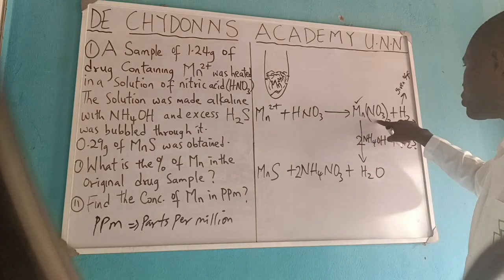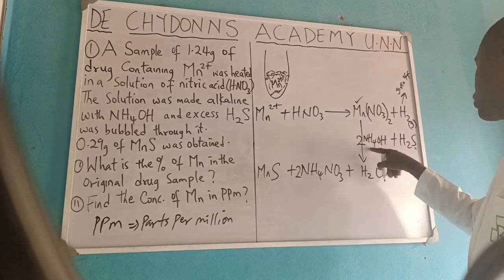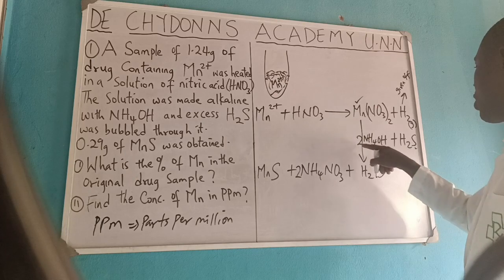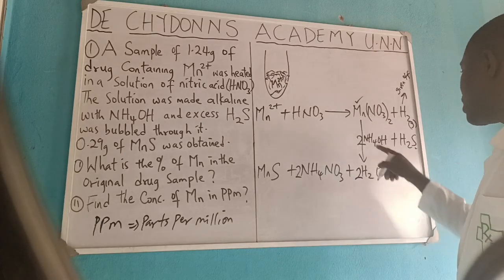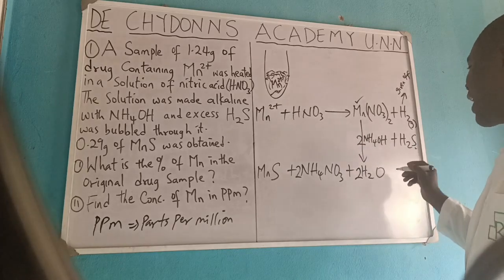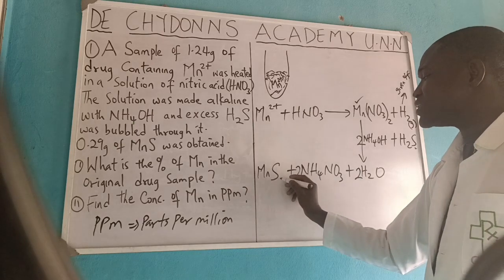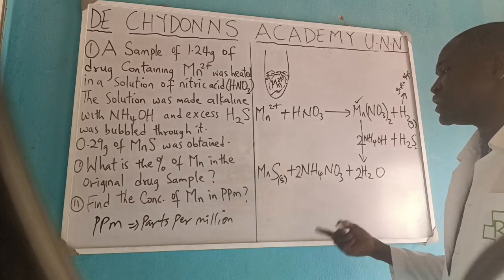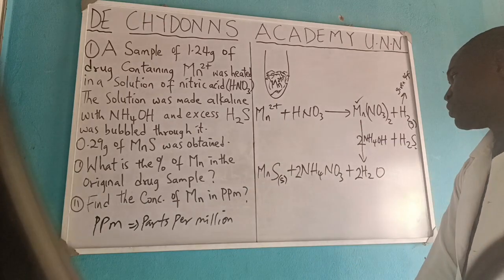Then 2 nitrate, 2 nitrate, 2 ammonia, 2 ammonia. Then oxygen is 2 and here is 1, I put 2. Hydrogen is 2 plus 2, 4. Hydrogen is 4. That means we have gotten our outcome. Now this is a what?